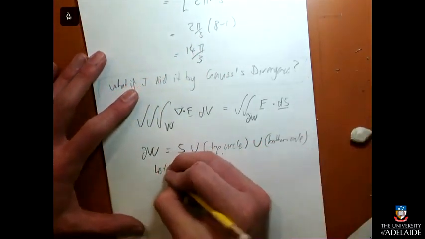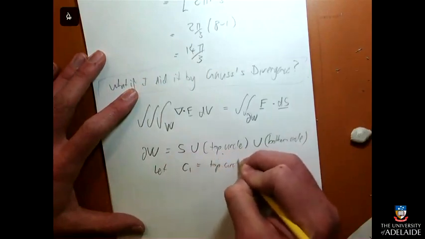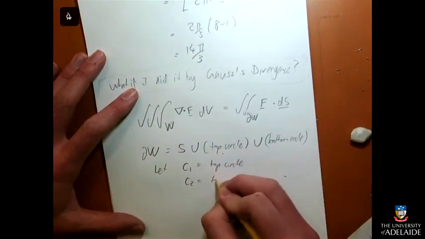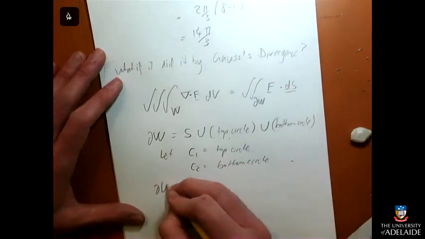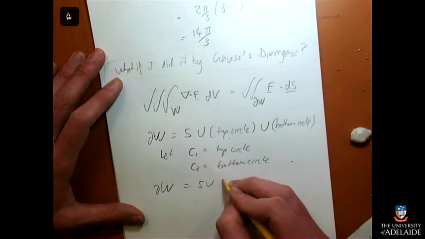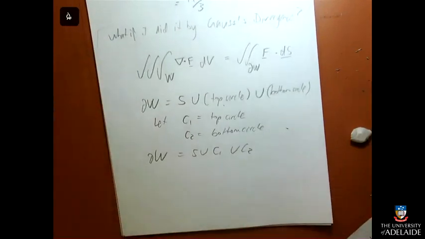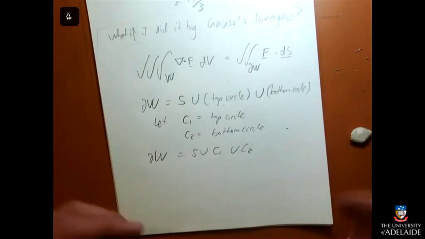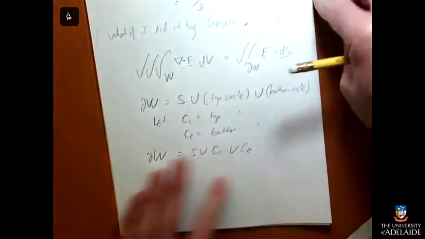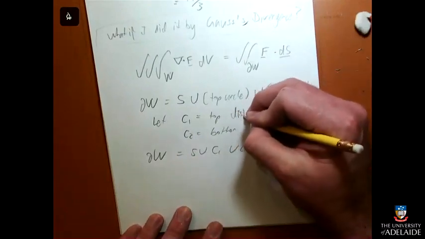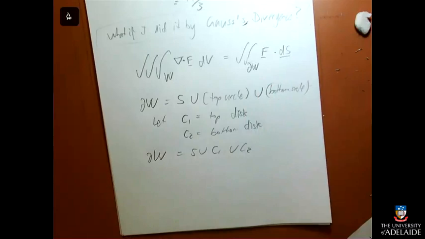So let C1 be the top circle and C2 be the bottom circle. And the boundary of W is S union C1 union C2. Technically the disk. I think the official name for a filled-in circle is disk, because the terminology of circle is a curve.